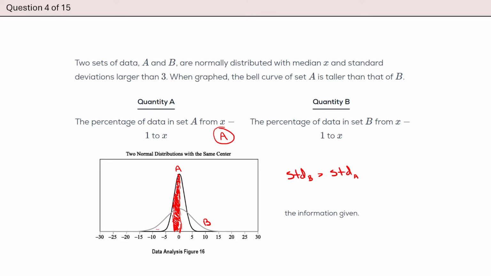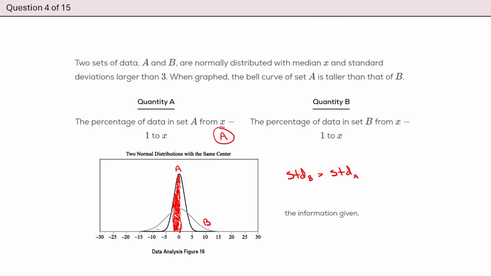This is a conceptual problem, but I do think drawing these would illustrate more easily what's going on. If you have a really good conceptual understanding of how standard deviation works with normal distribution, you might not have to draw the graph, but I would recommend for most people drawing the graph, making sure you understand what it means.